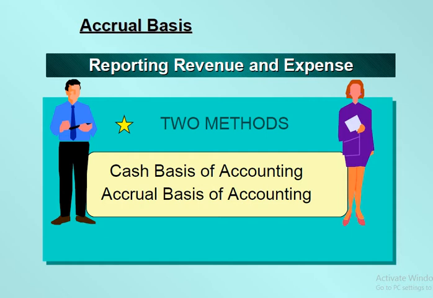Of these two methods, which is normally used in accounting software? In Peachtree accounting software there is a clear option, whether you are following the cash basis of accounting or the accrual basis of accounting.